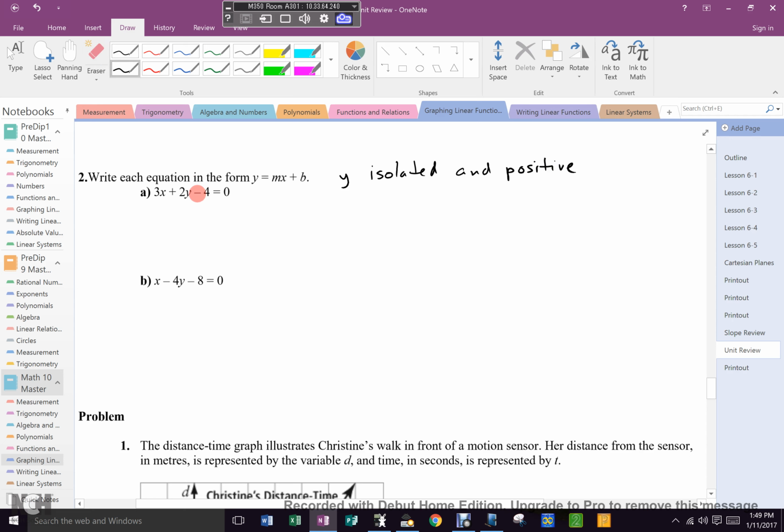This x and this 4 are not where they need to be. So minus 3x, plus 4 plus 4. 2y equals negative 3x plus 4. Y is not by itself yet, so I divide by 2. And y equals negative 3 halves x plus 2.